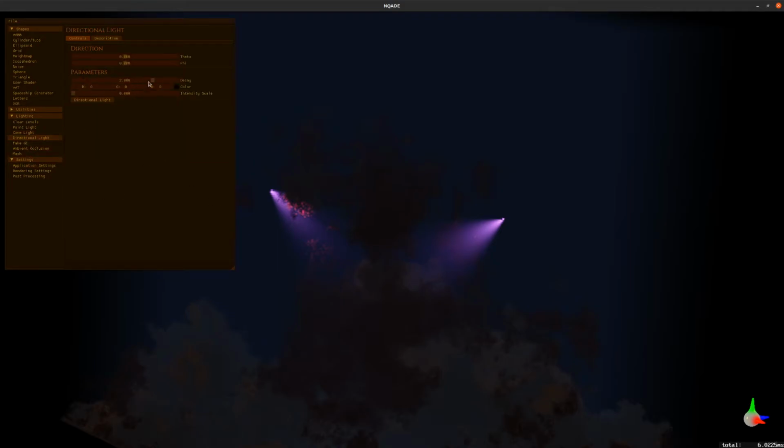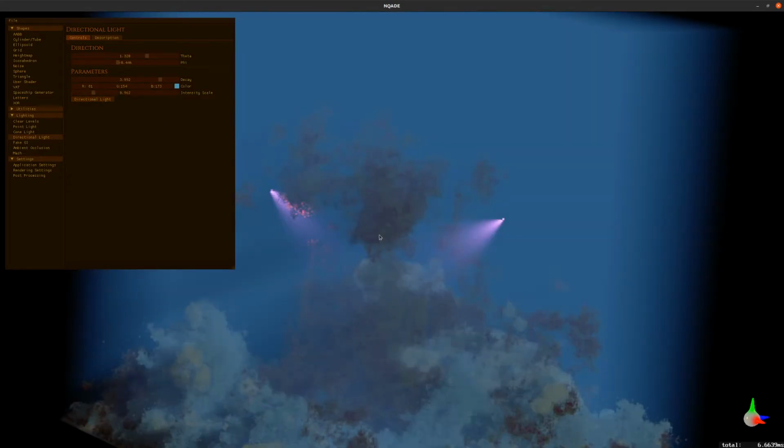Directional lights are in terms of a theta and a phi. Theta is rotation about y, and for phi, negative values are from above, positive values are from below. So if I do that, and I tell it I want something like this, probably a little higher on that, and try that.